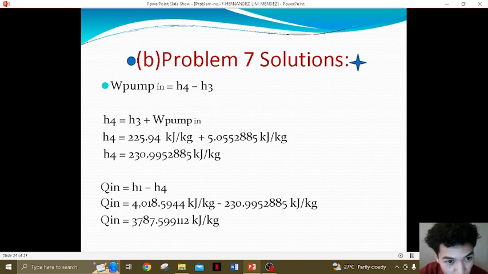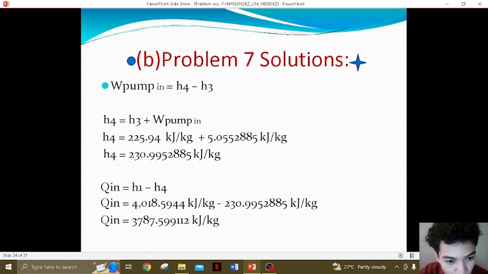So H4 is equal to H3 plus the work pump in. So H4 is equal to 225.94 kJ/kg plus the work pump in of 5.0552885 kJ/kg. So the H4 there, you have the answer of 230.9952885 kJ/kg.